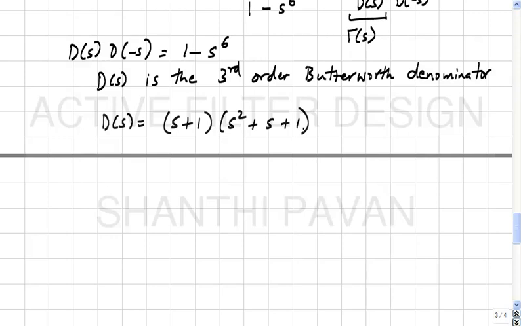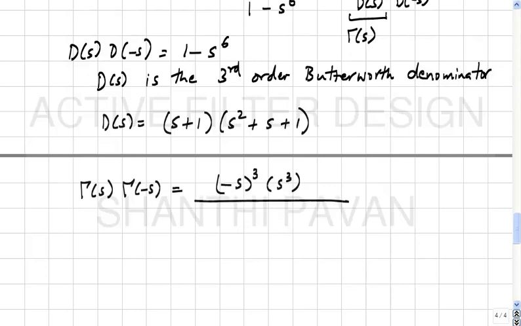Okay, therefore gamma of s into gamma of minus s is minus s cube times s cube divided by d of s into d of minus s, where d of s is given by an expression.